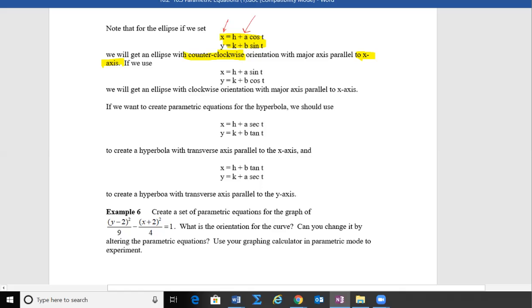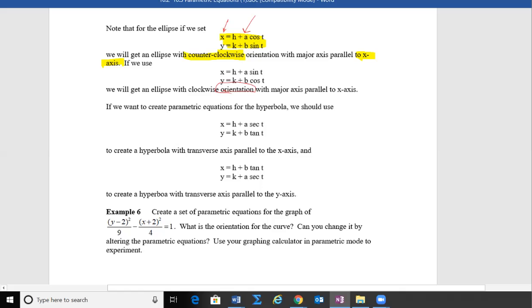If you switch them around, in this case, just switching sine and cosine and nothing else, all that does is change the orientation. We saw that. Now, this is parallel to the x-axis.